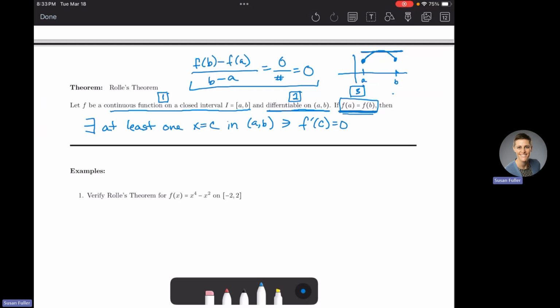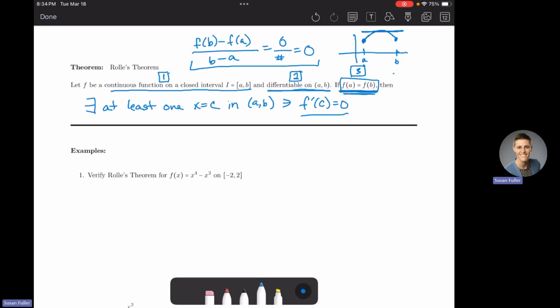Essentially, if we check this box, that's saying the slope of my secant line is 0, therefore I can just set my derivative equal to 0 and rock through. So it makes the actual solving part a little bit easier, but we do have one more box to check before we can say that Rolle's theorem applies.